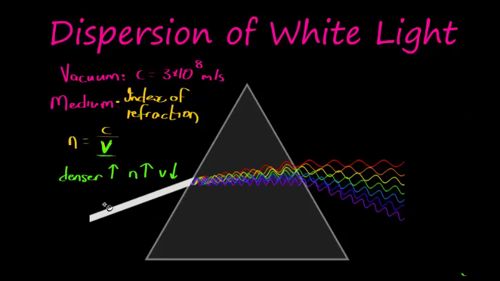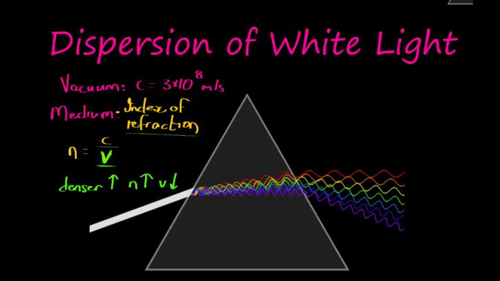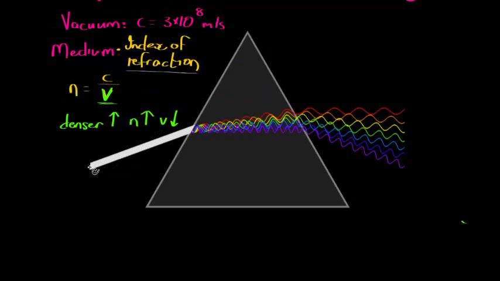When light bends in a different medium, it's called refraction, and it bends towards the normal of the surface. So why is this true? Why does light refract? In other words, first of all, why do the frequencies bend? And second of all, why do the higher frequencies, the shorter wavelengths, bend more than the larger wavelengths?